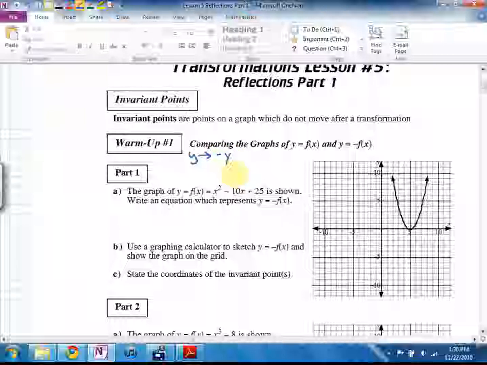Now, if you replace y with negative y in this equation, Steph, you'll get this. Negative y equals f of x. Can you see all they've done is they've divided both sides by -1 to move the negative over to this side?